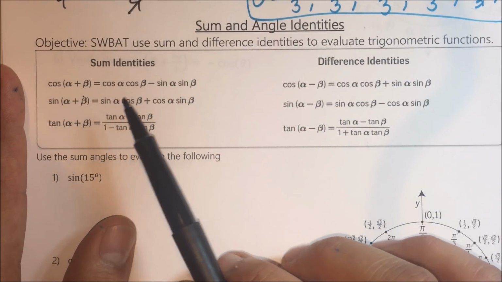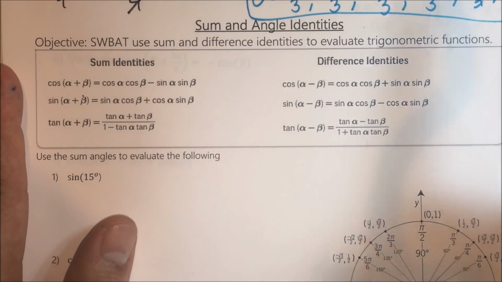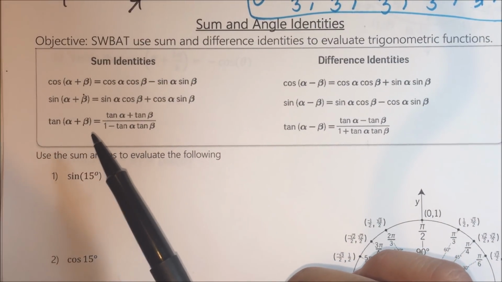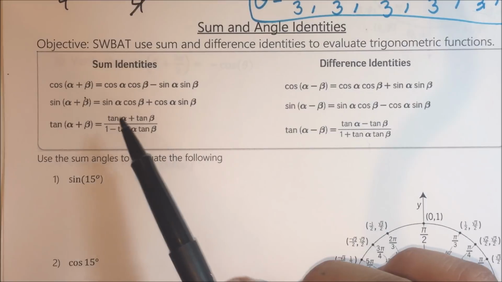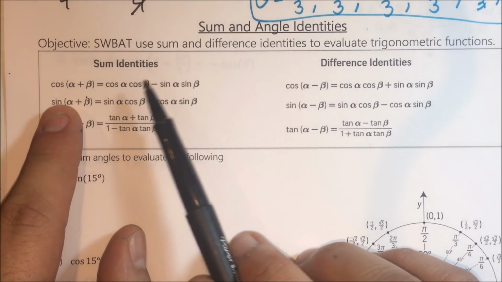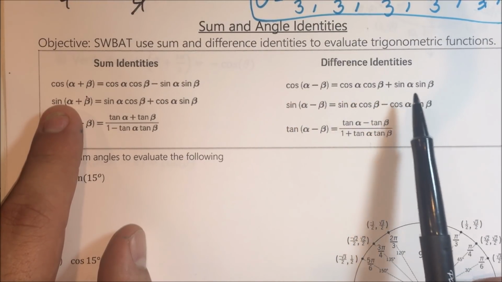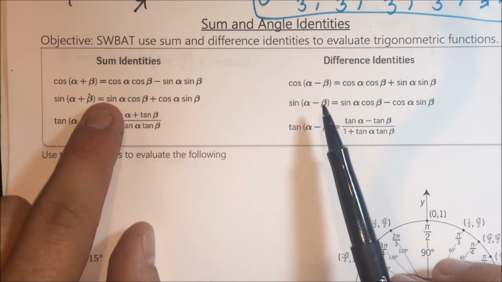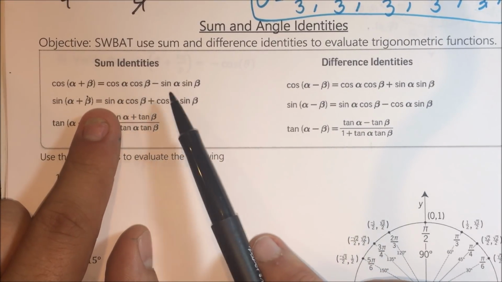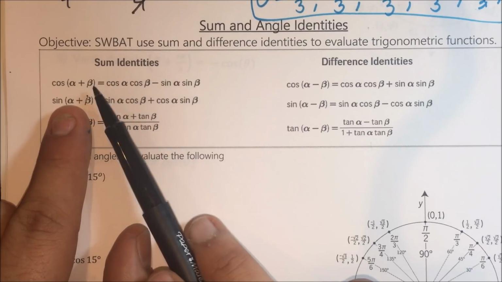Now, one thing to keep in mind is to always try to notice patterns whenever you're looking at new formulas. For cosine, there are two cosines and then a sine, and the signs differ from what you put on the right.